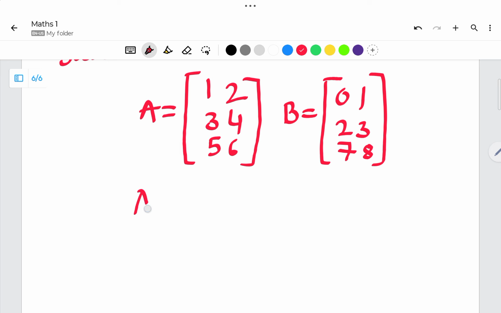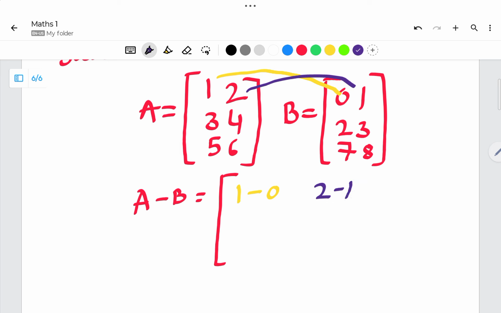If I want to subtract A minus B, then I have to write: the first one has to be subtracted from the first one, 1 minus 0. Then the second one from the second one, 2 minus 1.